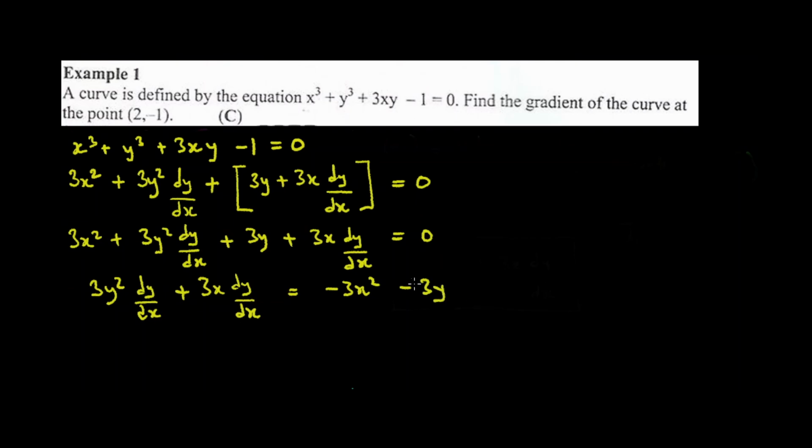So here, let us factor out dy/dx so that we are left with 3y squared plus 3x, like this. So dy/dx, we remain with 3y squared plus 3x, this is equal to minus 3x squared minus 3y, like that.